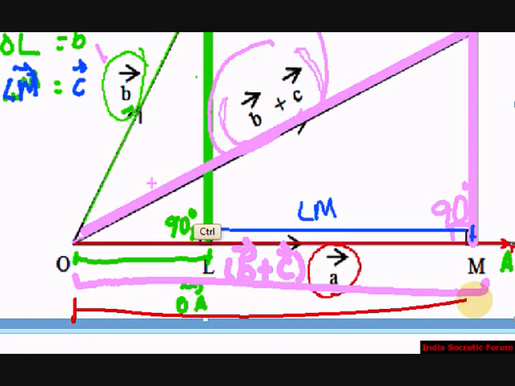Total OM has two parts, OL plus LM. OL is the projection of B vector and LM is the projection of C vector. So the projection of B plus C vector is the sum of the projections of B vector and C vector on OA.